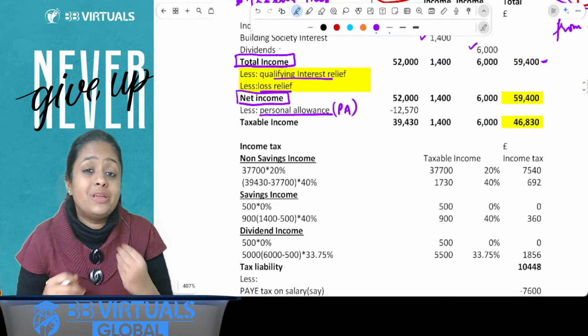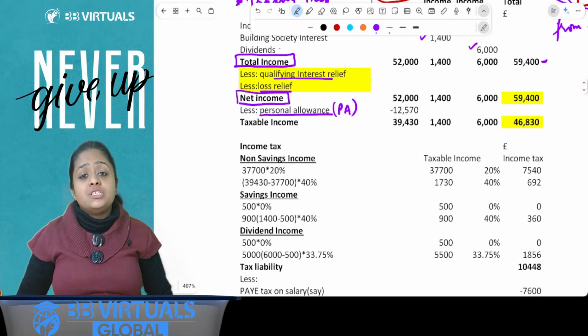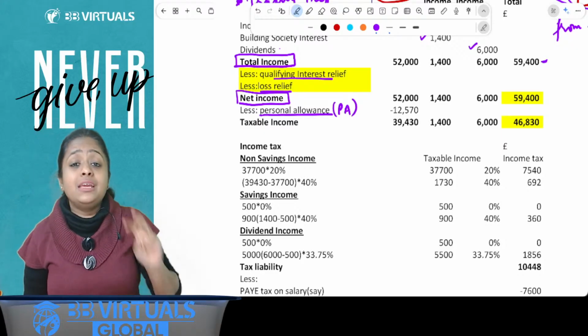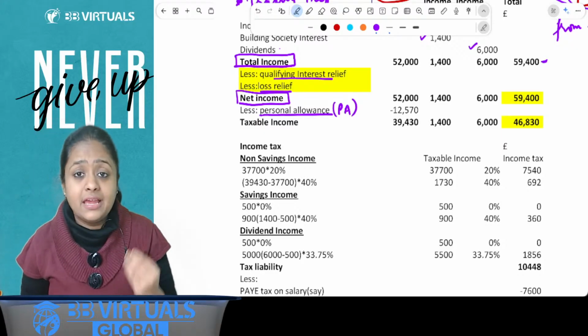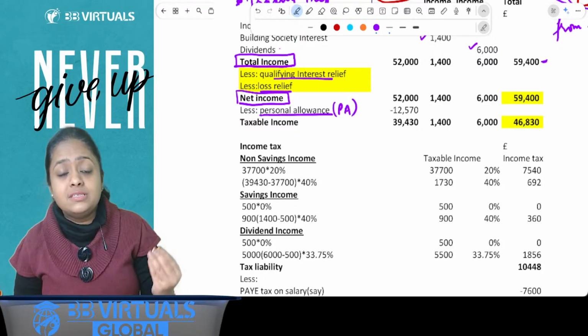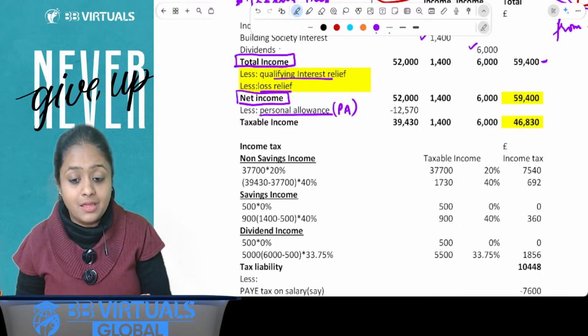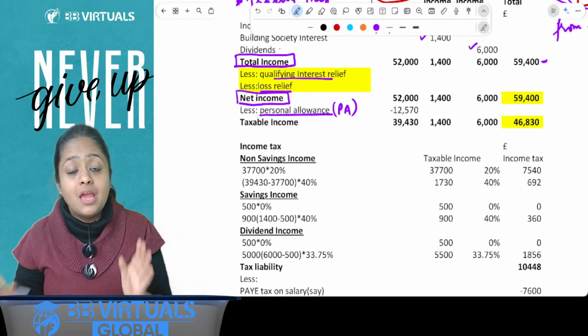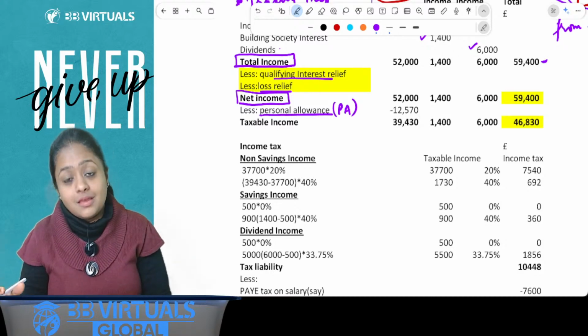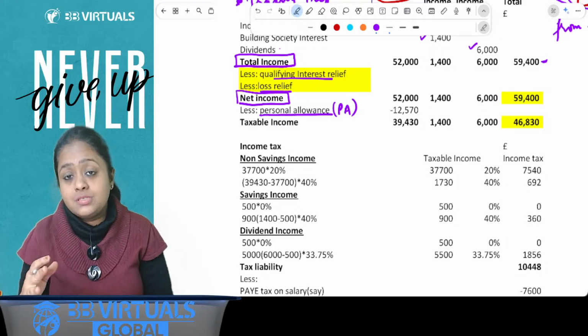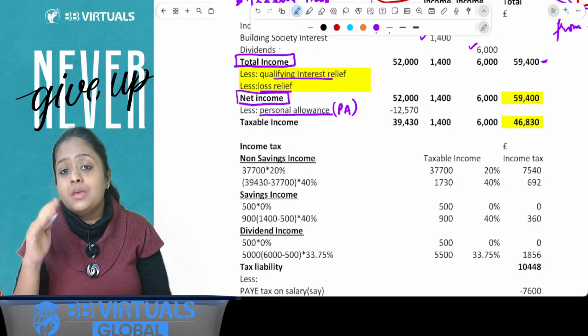Now the question comes in, what is the sequence of adjusting the PA? Because I have three kinds of income here: NSI, SI and DI. Non-savings income, savings income and dividend income. So how to adjust this PA? I would do it in a sequence. For TX students, understand that the sequence is predetermined.